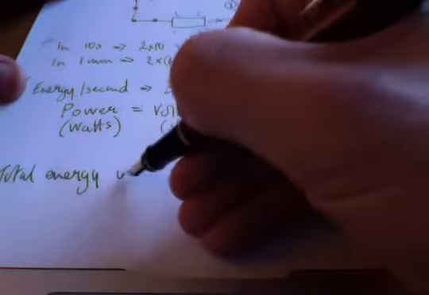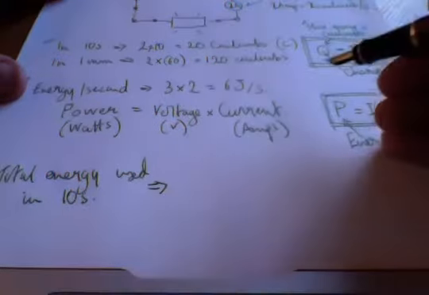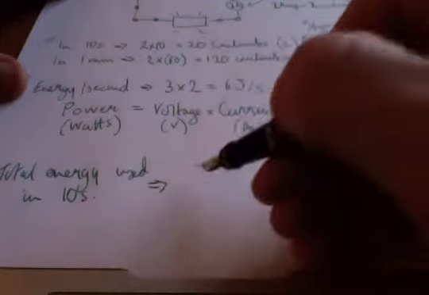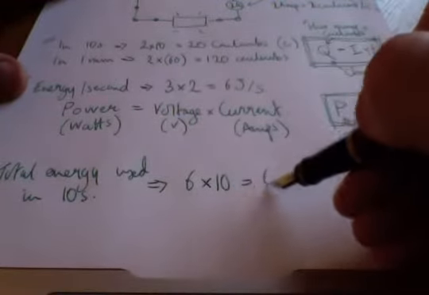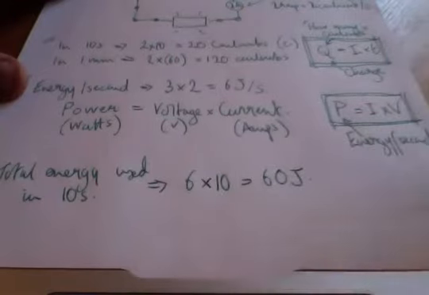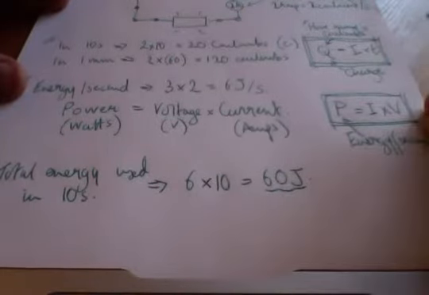Therefore, what's the total energy used in 10 seconds? Well then, we know how much is used per second, and you merely multiply it by the 10 seconds to give you the total energy. In this case, 60 joules would have been used.